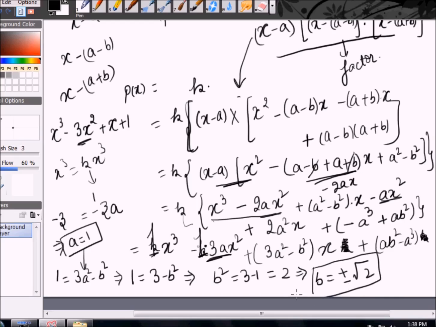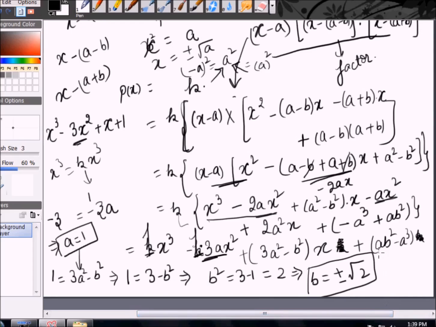Friends, whenever we have a term like b square or x square equal to some other value, then on taking the square root we take two signs on the right hand side, because the negative of something squared gives the same term as the positive of the same thing squared. Thus both values will give the square as b square.